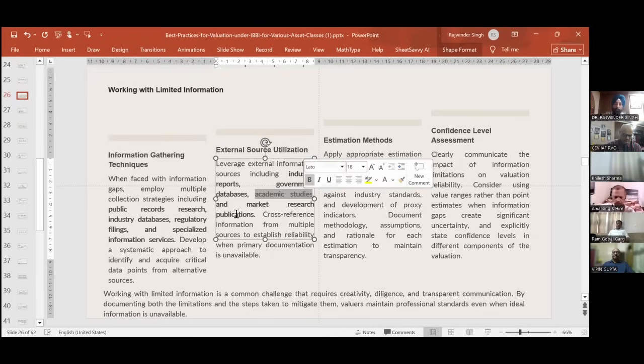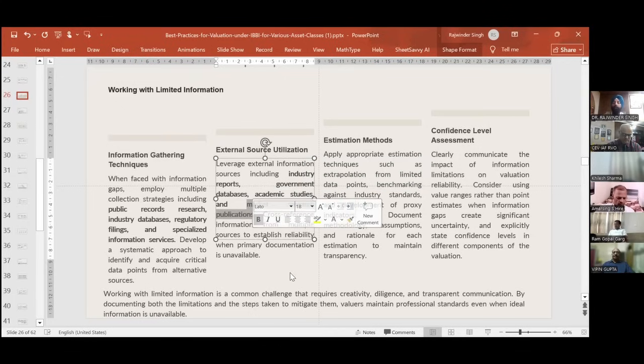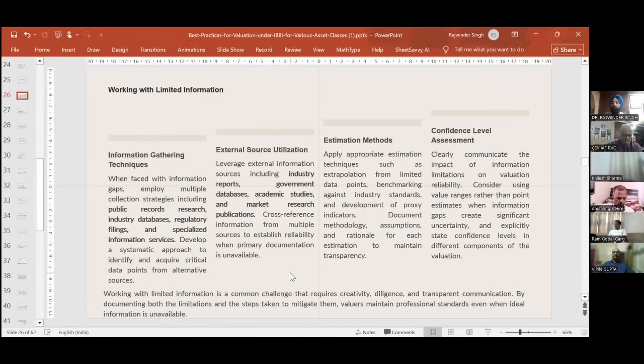And there are certain market research publications for different asset classes which you should subscribe to, so that you are able to do justifications to your valuation work.